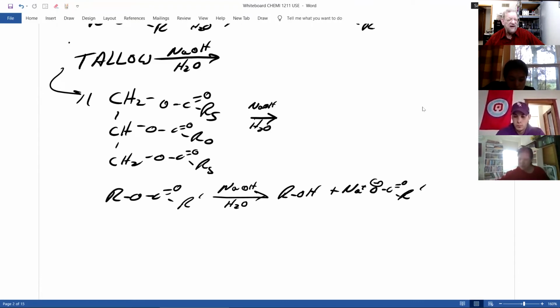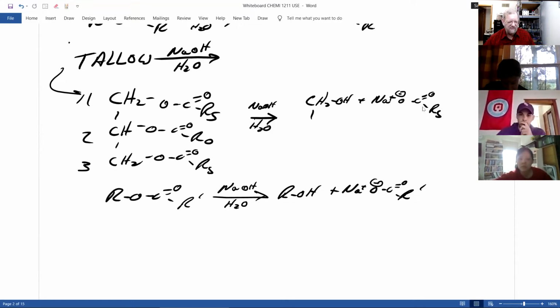So we have 3 esters. For ester number 1, I'll get this alcohol plus this carboxylate anion of the carboxylic acid I would have used to make that ester. And that's called sodium stearate. Second ester, I'll get this alcohol.